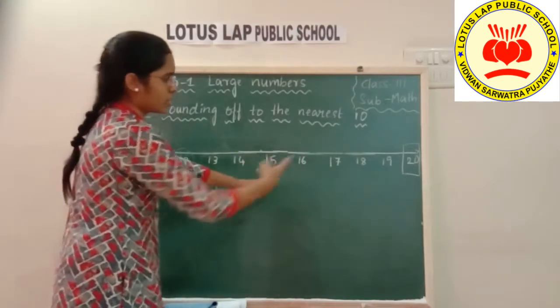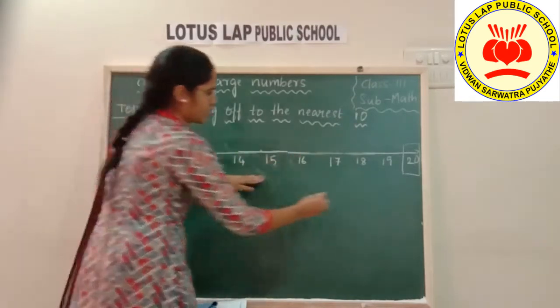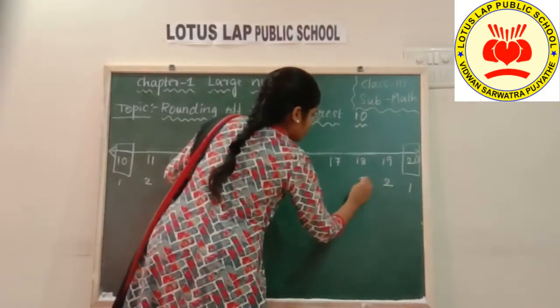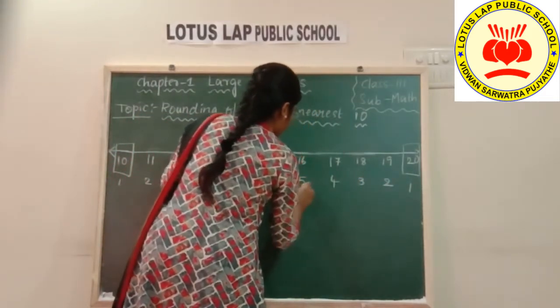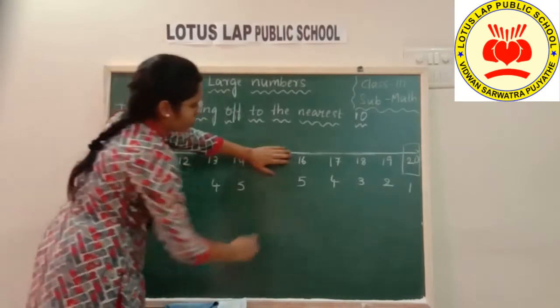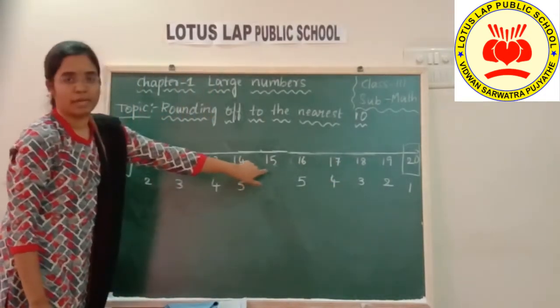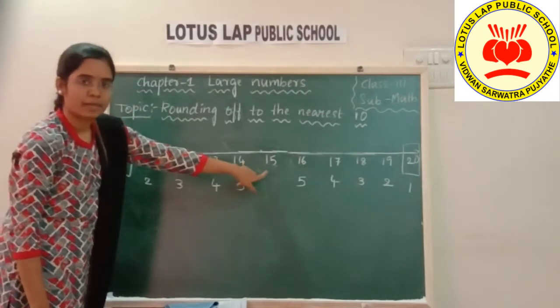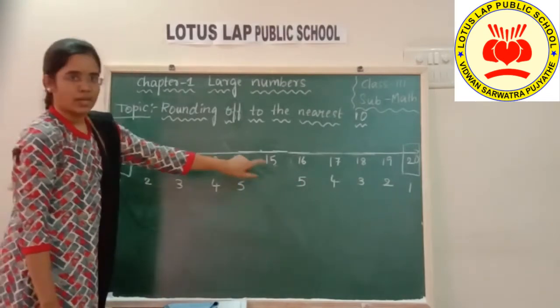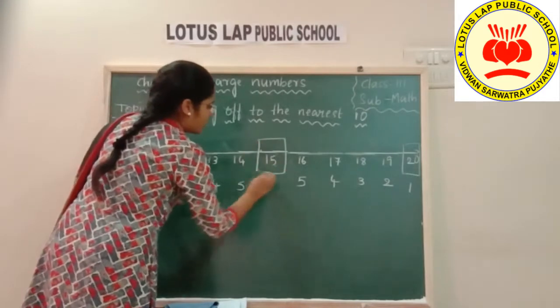Again I am counting from that side, 1, 2, 3, 4 and 5. See, 5 this side and 5 that side. And the leftover number, which is exactly in the middle of the number line, what is that number? Yes, 15. 15 is going to be our reference value.